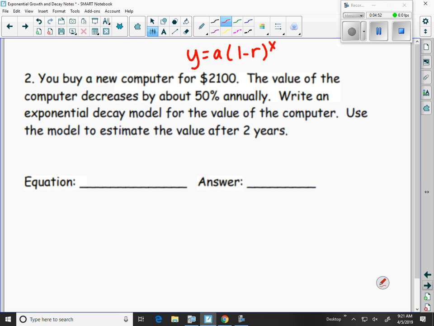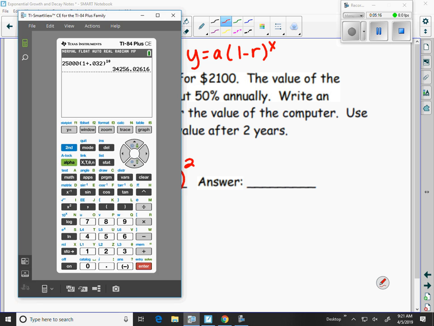And it's after 2 years. So our initial value is the 2,100. 1 minus R. How am I going to write my decimal for my percentage? 0.50, or you can just do 0.5 if you want. 1 minus 0.5, to the power of 2, because we want to know after 2 years.